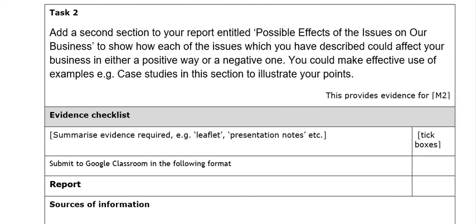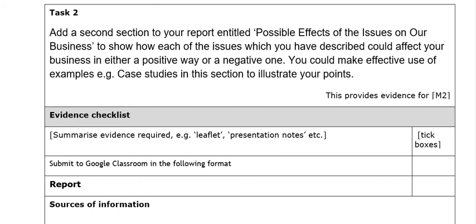Okay, so we're going to show how each of the issues which you've already described, so all those things you've already looked at about contingency planning, about health and safety, about backing up and all that other stuff, we have to expand upon that. So how does that particularly affect your business?